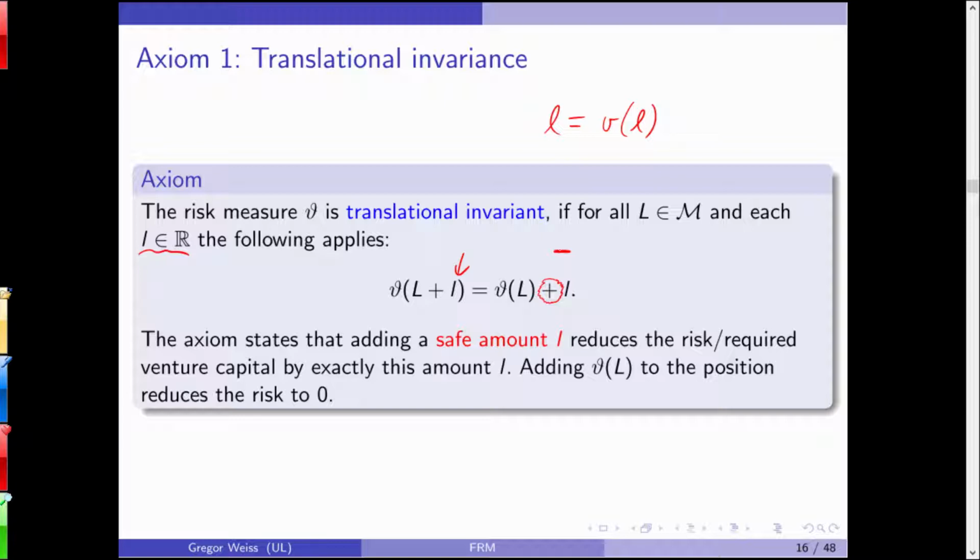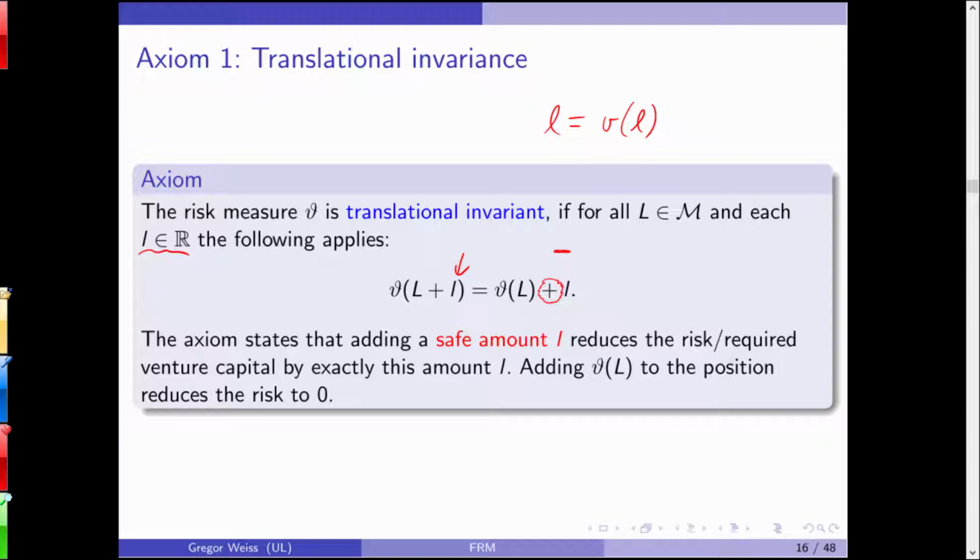Imagine you have a loan and you need 10,000 euros. If you put 5,000 euros into that account, you don't assume the loan to shrink by 6,000, but you assume that the loan only shrinks by exactly the 5,000 that you put into the account. And this is translational invariance.